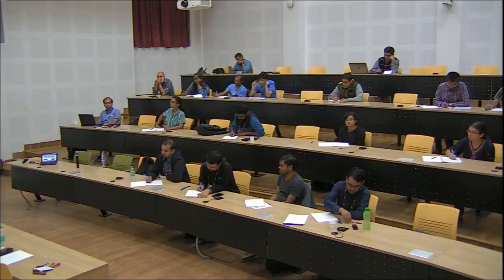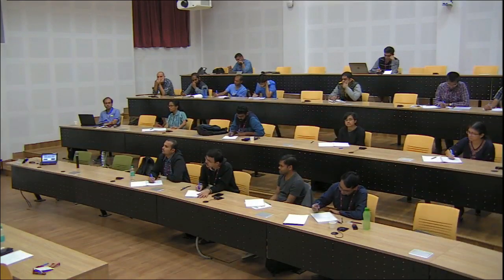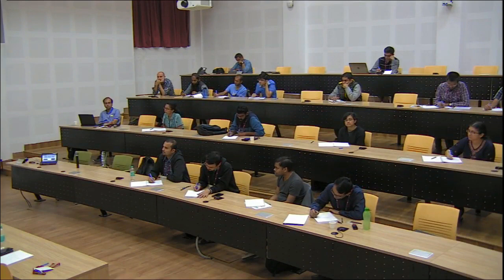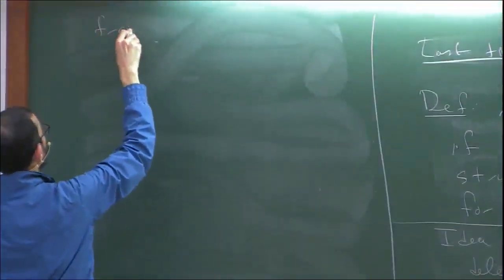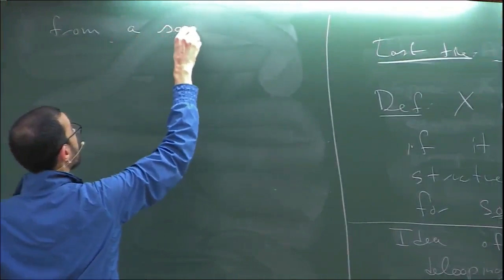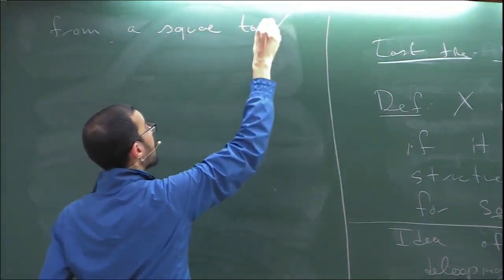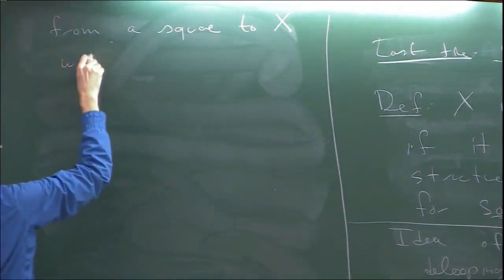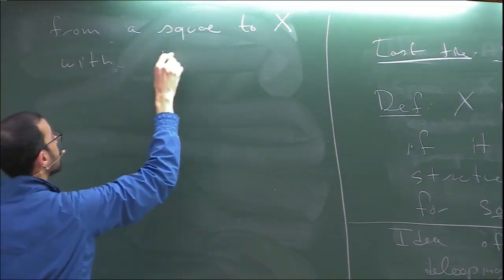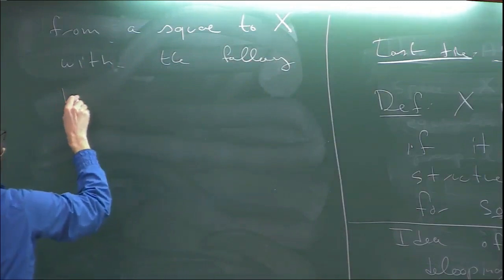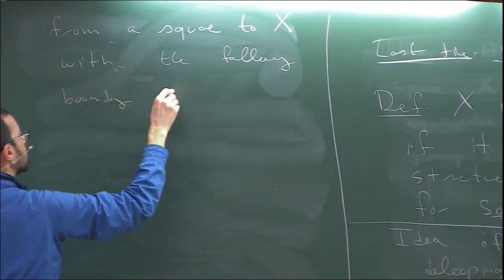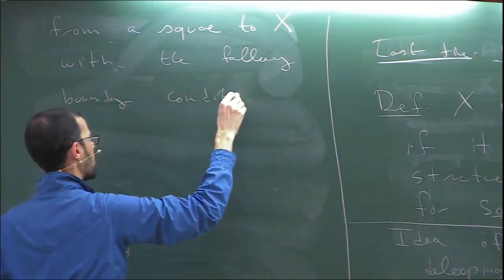And not only, sorry. This space is a space of maps from the square to X with the following boundary conditions. So I'm going to draw them instead of writing them.